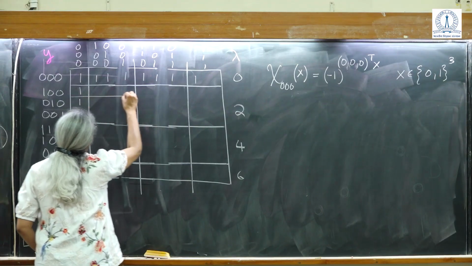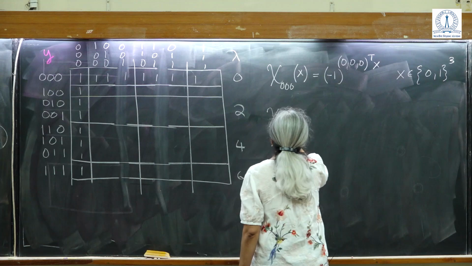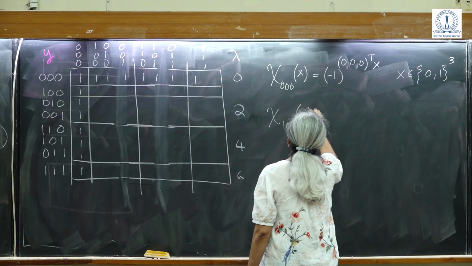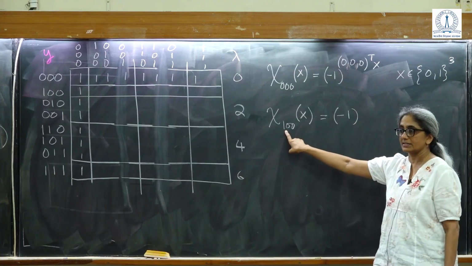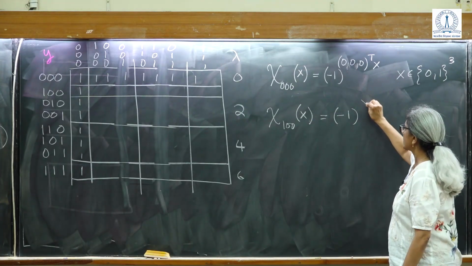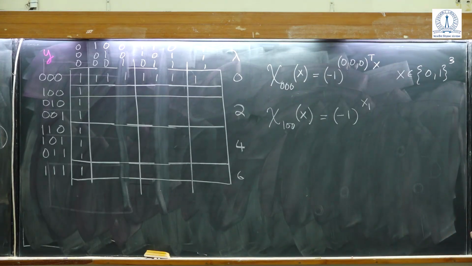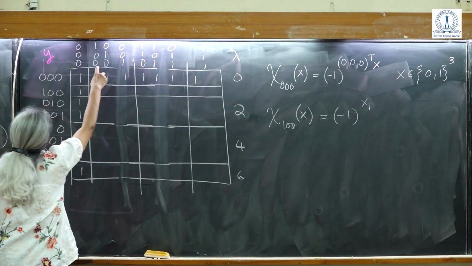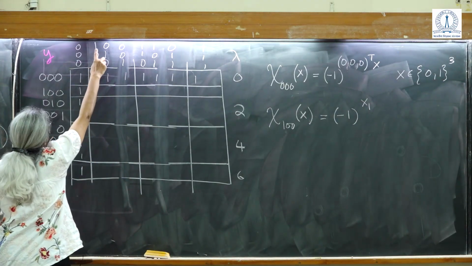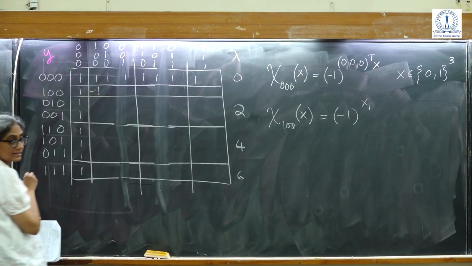So let's calculate one more. Maybe we'll calculate this row. This one is going to be chi of 1, 0, 0. The formula is -1 to the dot product of 1, 0, 0 with X, so it's just X1. So -1 to the X1. Here this one and this one, the X1 is 1, so this is going to be -1.